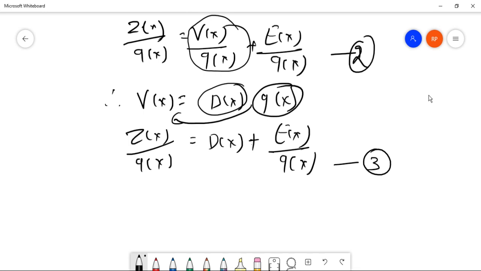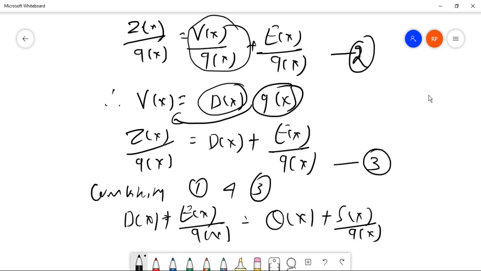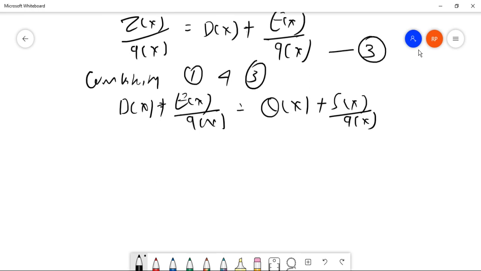Okay. So if you combine equation 1 and 3, I will get D of X plus E of X divided by G of X is equal to Q of X plus S of X divided by G of X. See, in equation number 1 and equation number 2, the left hand sides are equal, so automatically I can write the right hand side also equal, correct?